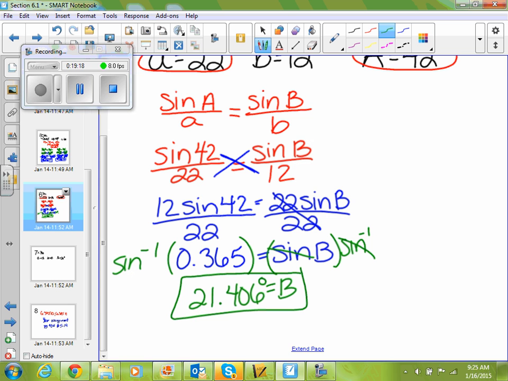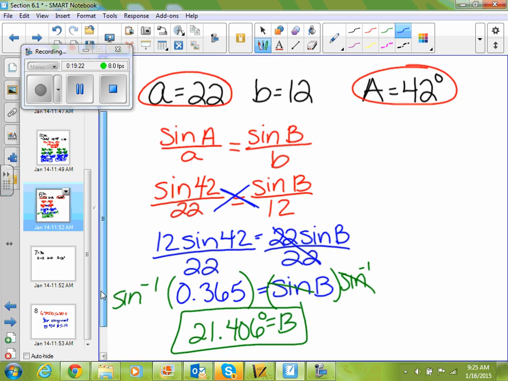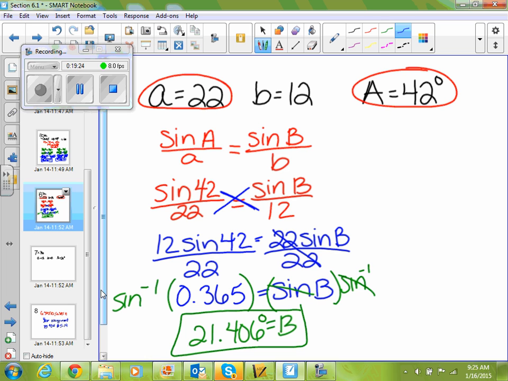Okay, now that we have two angles, we can find our third angle by adding them. So I know that A, which is 42, plus B, which is 21.406, plus some C has to add up to 180.